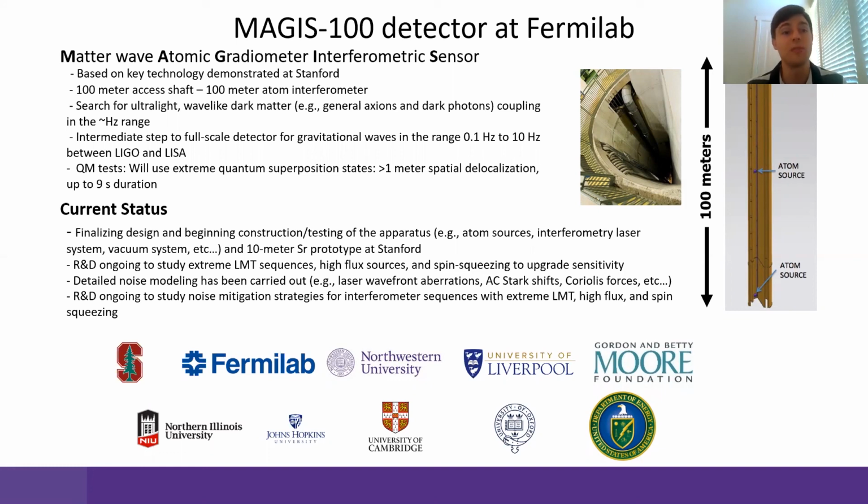And what's even worse, if there's some phase ripple on the laser beam, then you're directly sensitive to that because the laser imprints its phase onto the atoms in every pulse. So a lot of the research that they're doing right now is with noise modeling, especially laser wavefront aberrations. That's something they're concerned about a lot. For a kilometer scale interferometer, rather than a 10-second duration, it's going to be maybe 30 seconds.